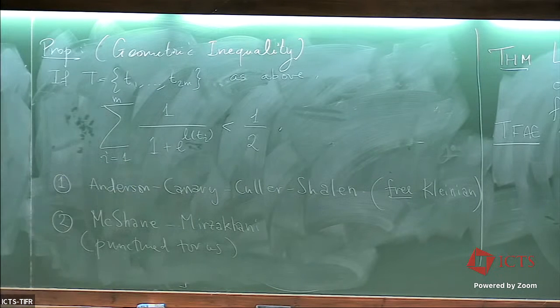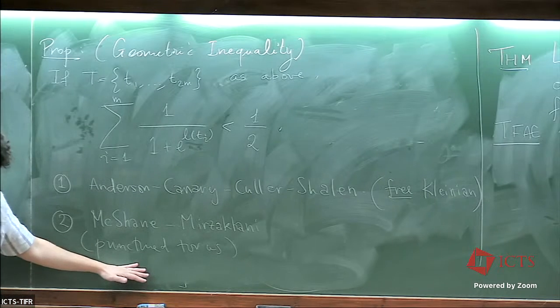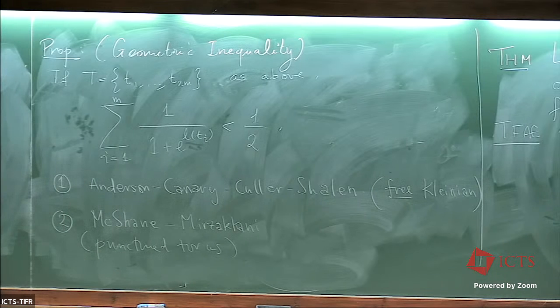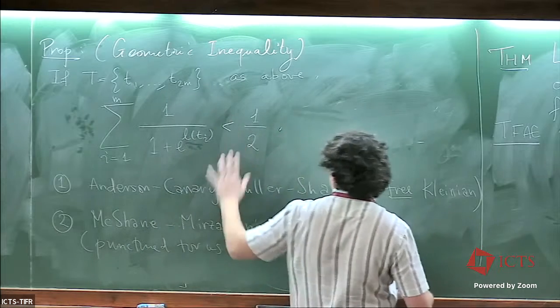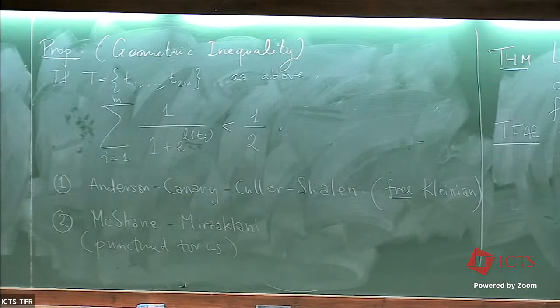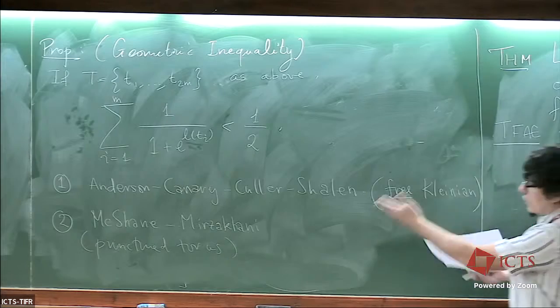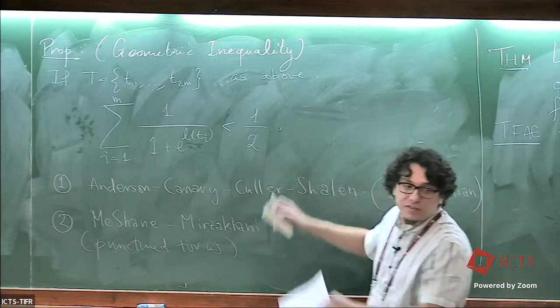So here we only sum over some finite subset of them. The group is also another group, it's not the punctured torus group. So they're different, but still it has exactly the same form. So I don't think this implies the other ones or vice versa, but it's curious that eventually they have the same form.